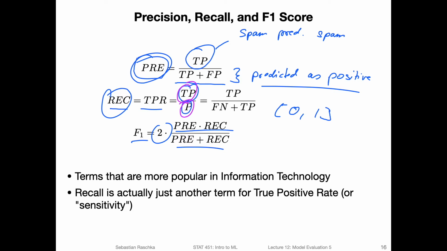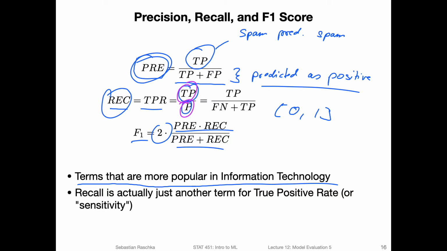I see in my notes that these are terms that are more popular in information technology. By that I mean there are other terms called sensitivity and specificity. Sensitivity and specificity are terms that are, I would say, more popular in computational biology, for example, whereas precision and recall are terms that are more common in information technology or computer science and machine learning.